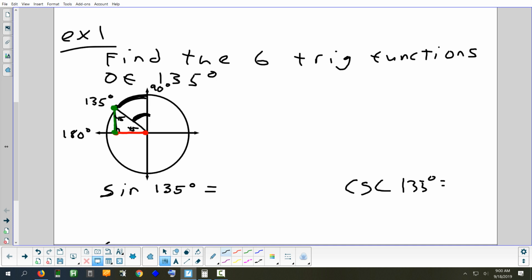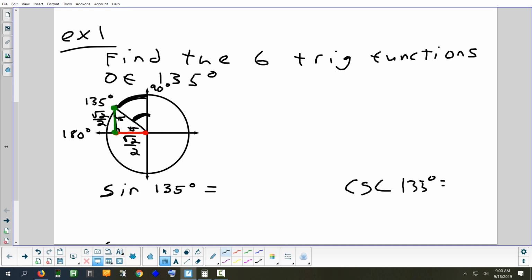It's not going to be a coordinate, just a fraction with a square root in it. Square root of 2 over 2. So this side is root 2 over 2. That side is also root 2 over 2.